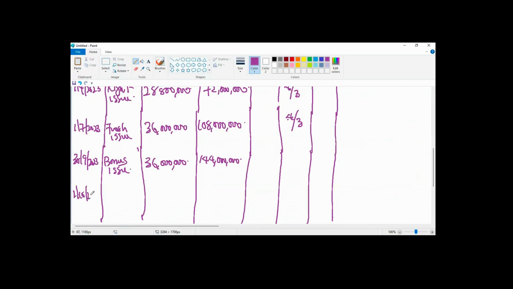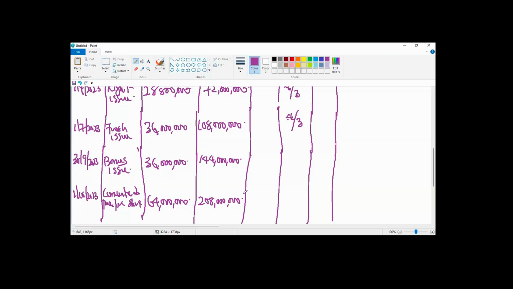The converted shares, 64. 64 plus 144 gives 208. That's all.